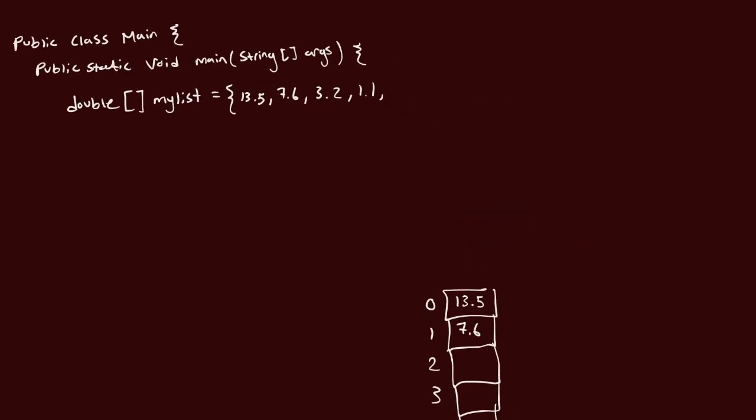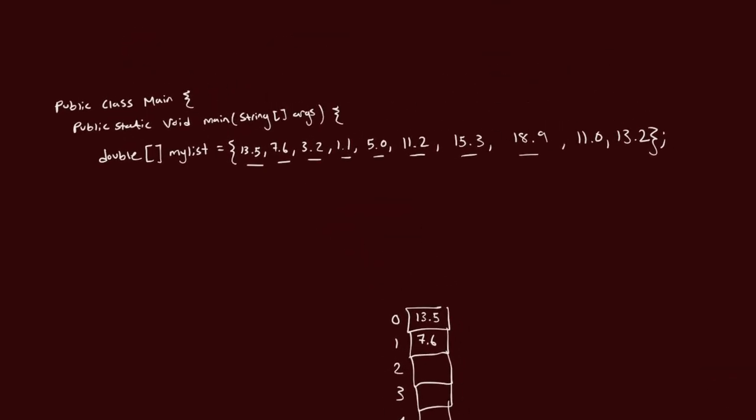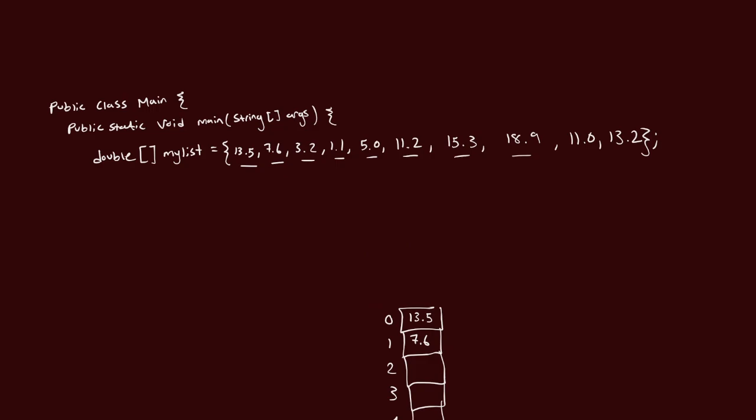So let's continue. So 1, 2, 3, 4, 5, 6, 7, 8, 9, and 10. So this will go into here, this goes into here, and so on and so forth. So that's another way you can create an array in Java.